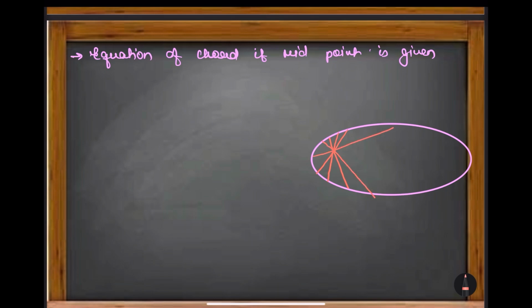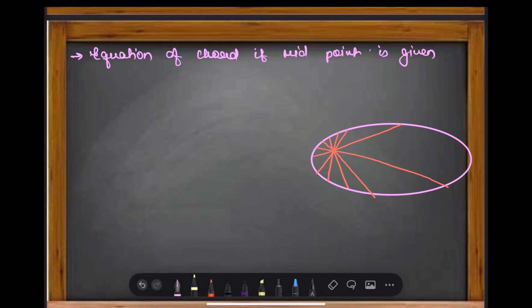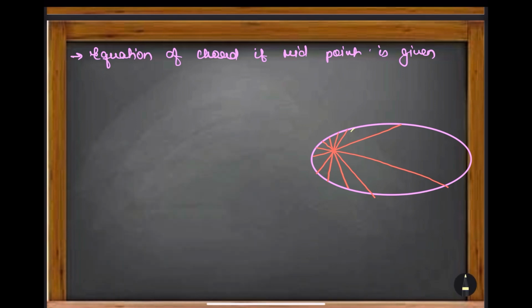Among these chords there will be one chord which will be bisected at the given point. So this chord I am talking about. This equation we have to write, the equation of chord if midpoint is given.